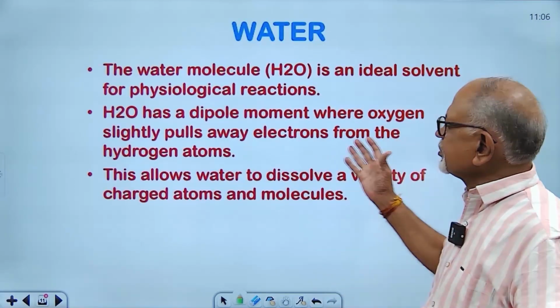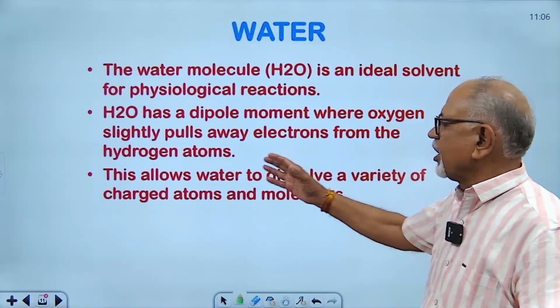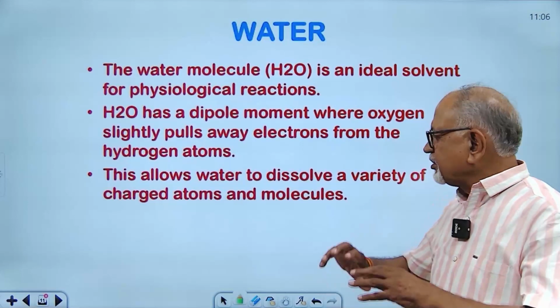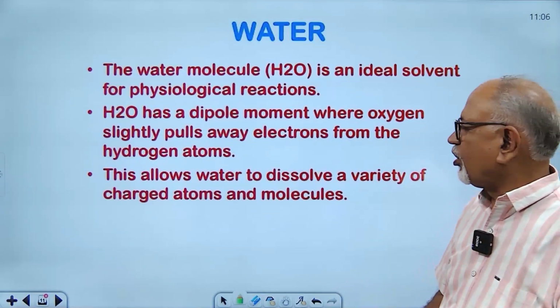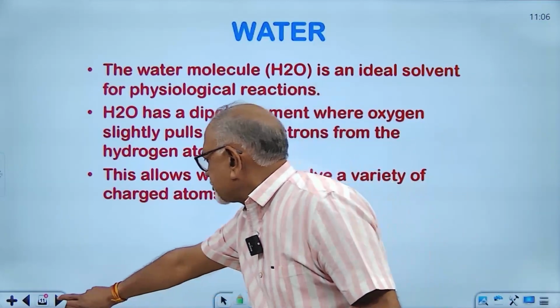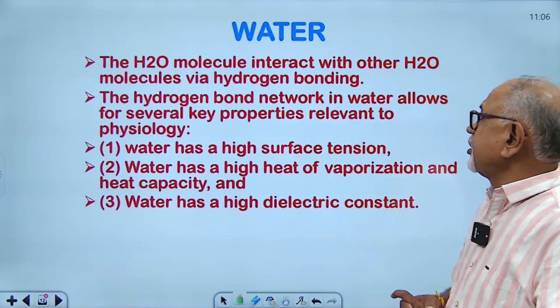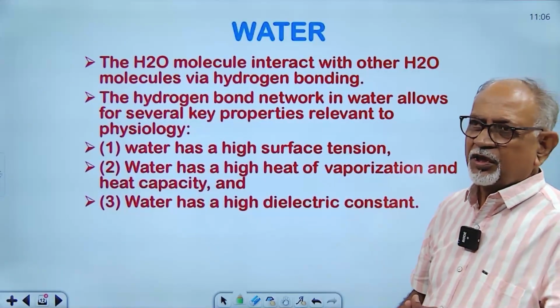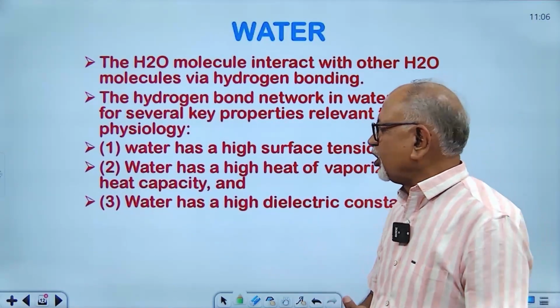The oxygen pulls the electrons from the hydrogen atoms, and this allows water to dissolve a variety of atoms and molecules. The water molecule interacts with other water molecules with hydrogen bonding.